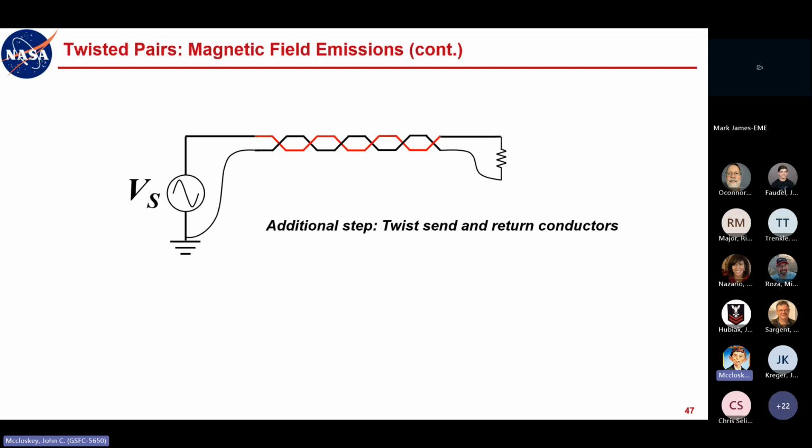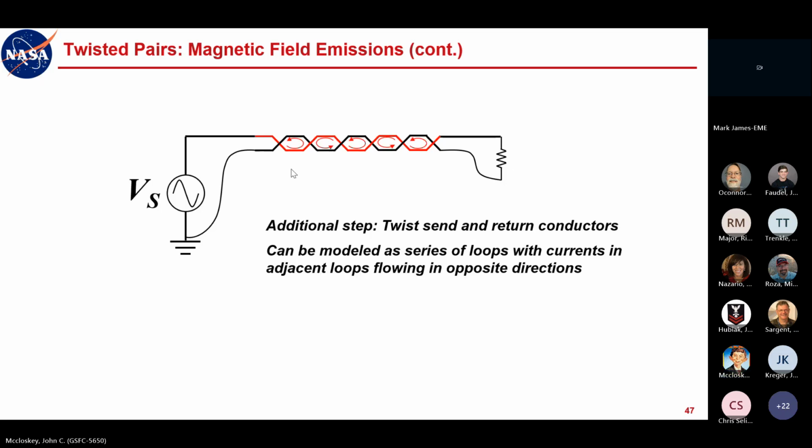So anyway, you twist the send and return conductors together, and what that does is you can model it as a series of loops with the currents in adjacent loops flowing in opposite directions. Obviously, what's really happening is that the plane of each loop is continuously moving, so the direction of the normal component of the magnetic field is constantly turning.